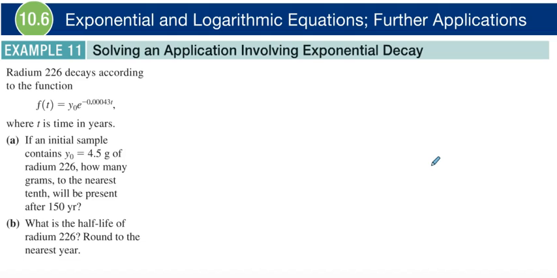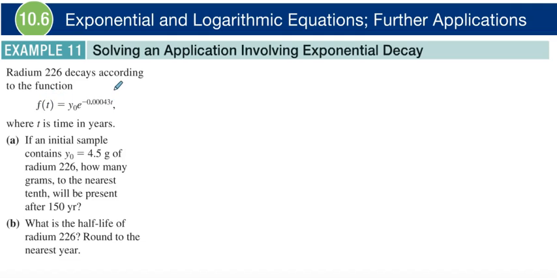So we have radium 226 decaying according to this function: f(t) = y naught e to the power of negative 0.00043t. The y naught just means your initial substance, f(t) represents the amount after it decays, and t means your time.